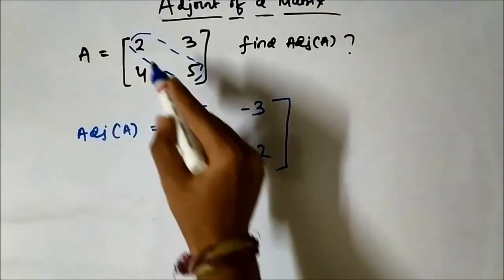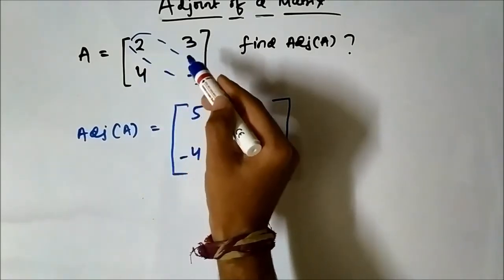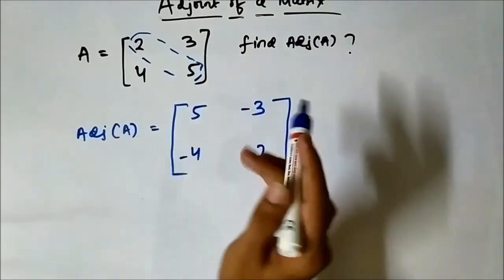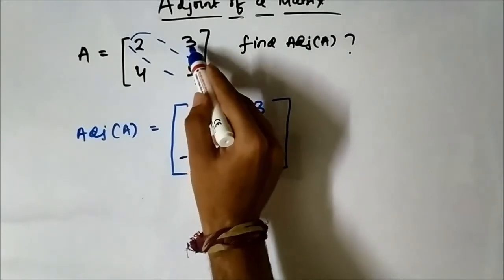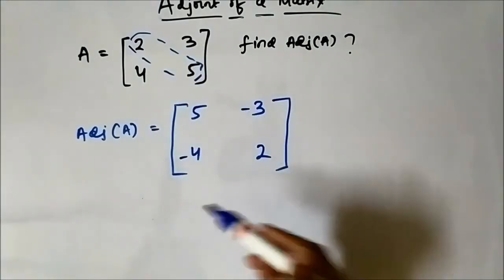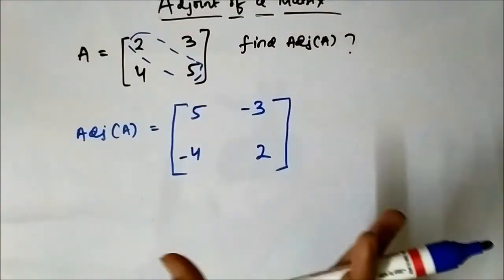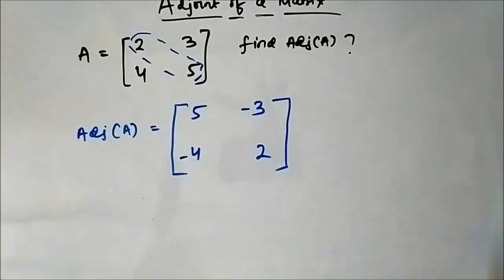The 5 came here, the 2 came here. The other diagonal elements 3 and 4 had their signs inverted. As they were positive integers, they became negative, -3, -4. You can verify it using the conventional method to see whether the two answers are the same or not.